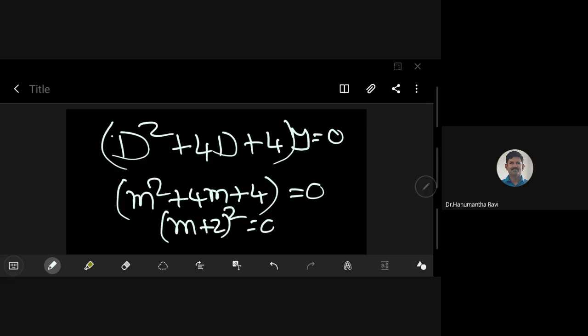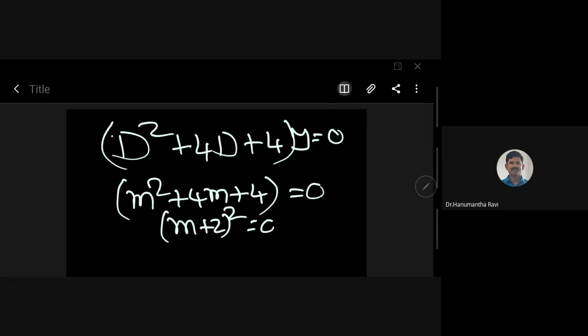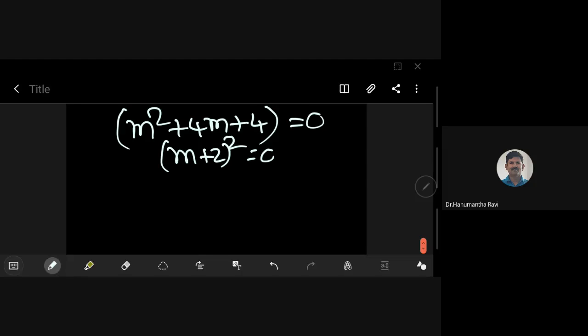So we have the solution as y is equal to a plus bx into e power minus 2x, since m is minus 2.